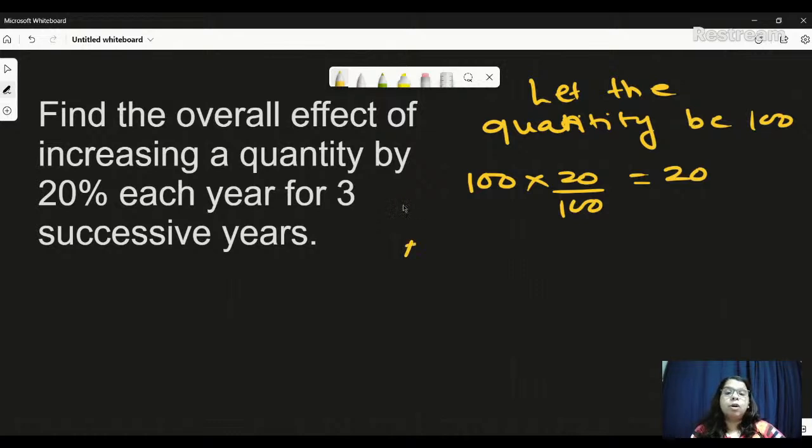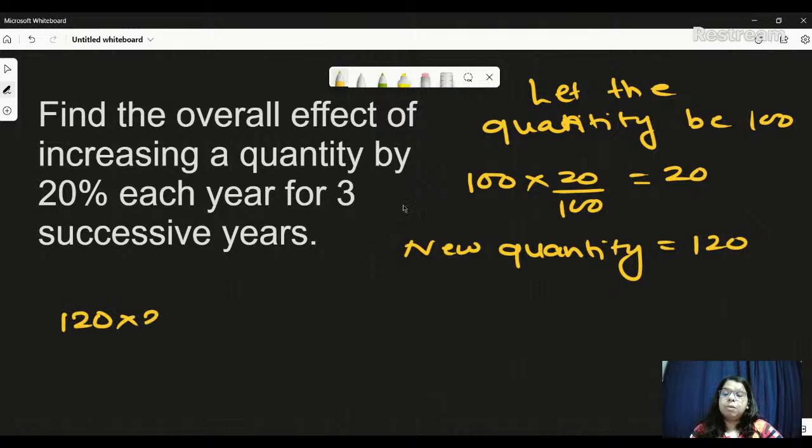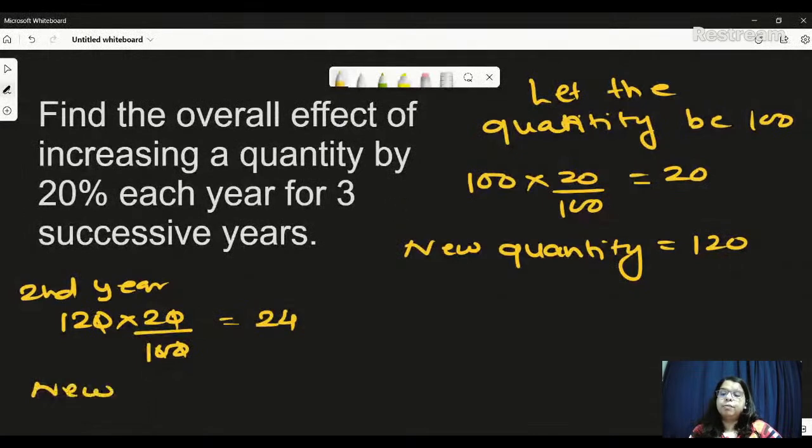So our new quantity will be 120. Now this 120 increases by 20% next year. So 120 multiplied by 20 over 100, so it increases by 24. So the new quantity for the second year is going to be 144.